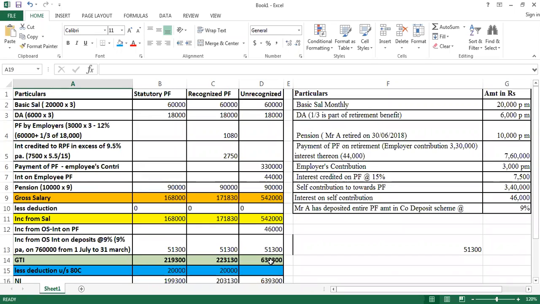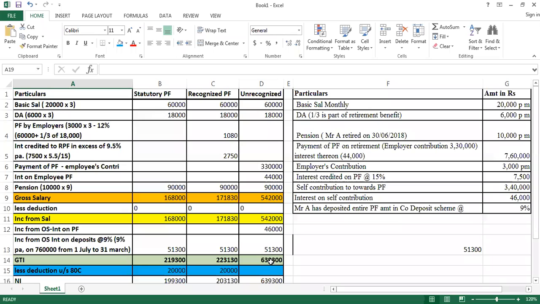Can somebody tell me quickly? Basic salary, sir. How can you take basic salary as a deduction? It is employee's contribution, self contribution. But I want to know from where did this value 20,000 rupees come?